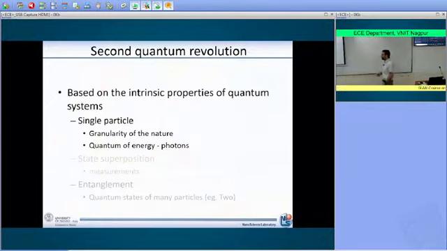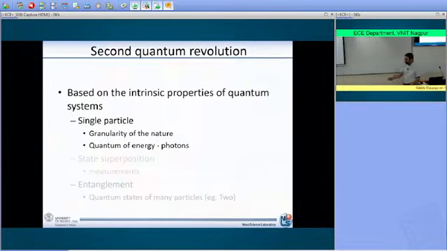Therefore, what we want to use in the second quantum revolution are the properties of the single entities that make up nature. And since we are interested in photonics, for us these single particles are the photons. So what we want to use in this second quantum revolution are the properties of isolated photons.